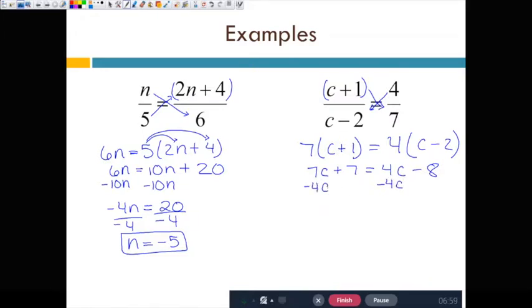So 7c minus 4c is going to give me 3c. Then I'm going to subtract 7 from both sides, my constant. So I'm going to get 3c equals negative 15. Then I'm going to divide by 3. So c is going to equal negative 5.